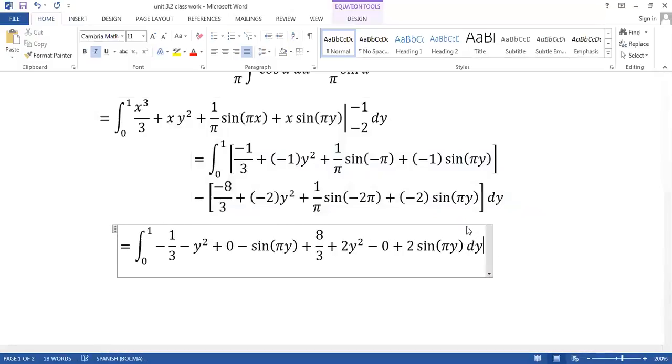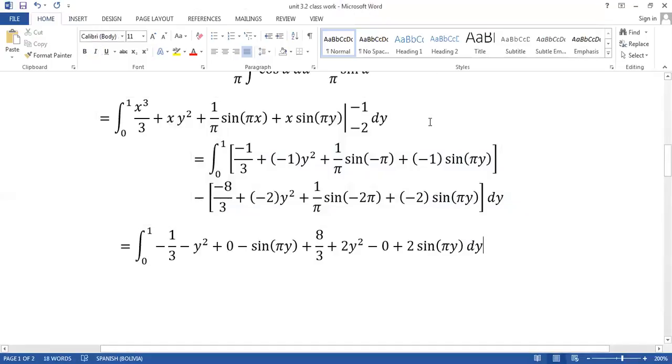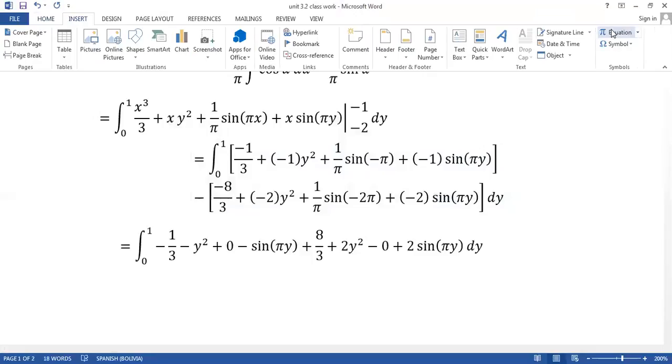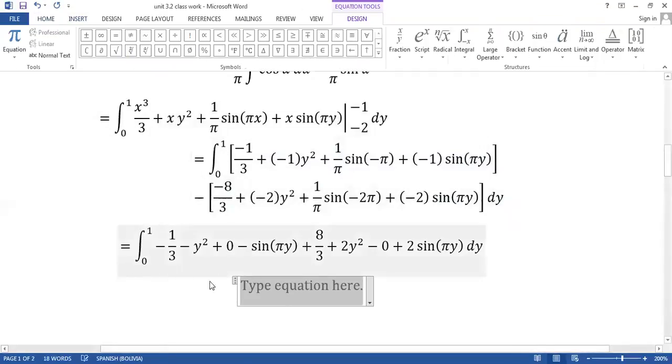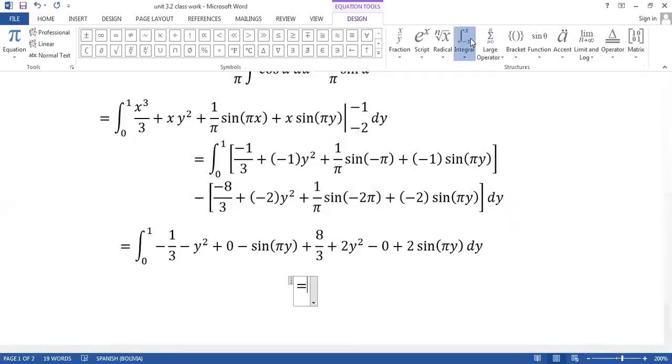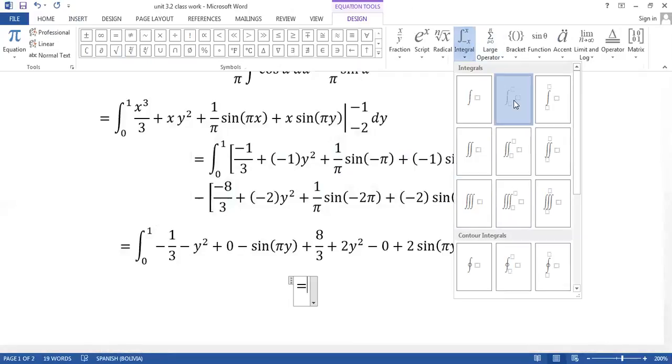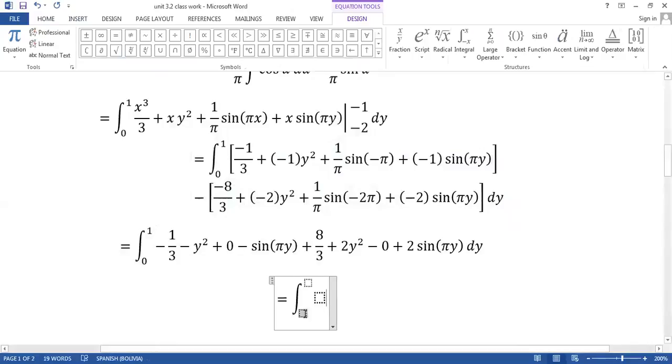dy. Okay, now we clean house. Negative 1/3 plus 8/3 gives us a positive 7/3. Yes? Right. Let me go to another line. Insert equation. I'm still going to say equals, and I still have to put in my 0 to 1.